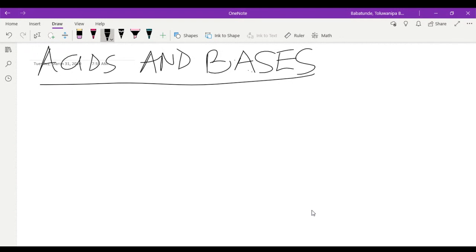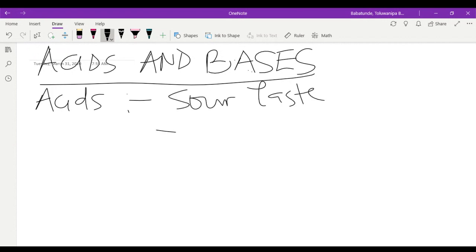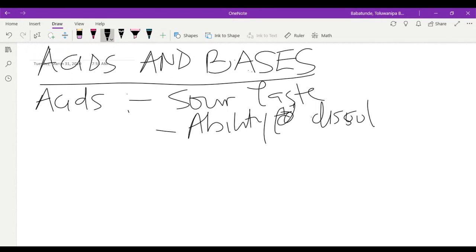Today we're going to look at acids and bases. When we talk about acids and bases, we should have an idea of what the properties are. For acids, they have a sour taste, and they have the ability to dissolve many metals.